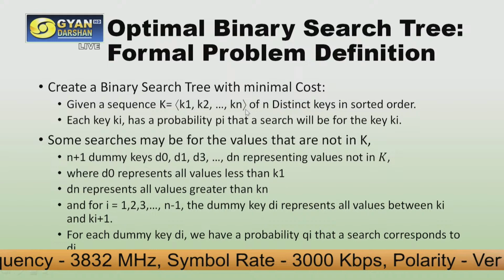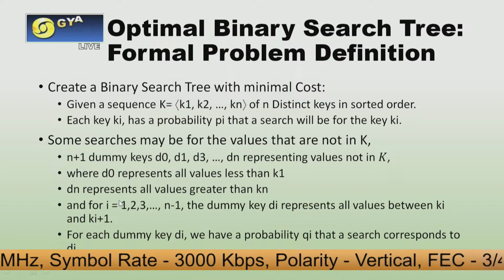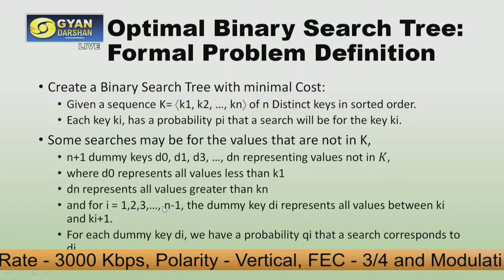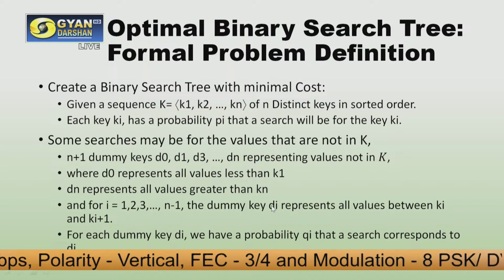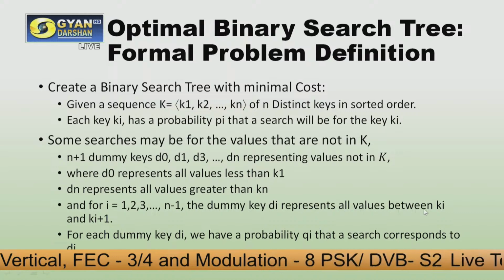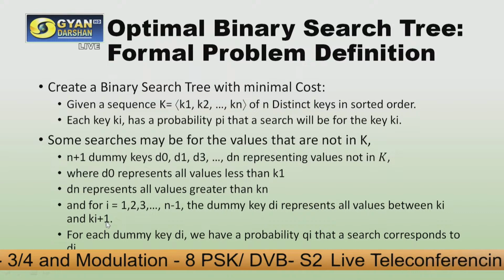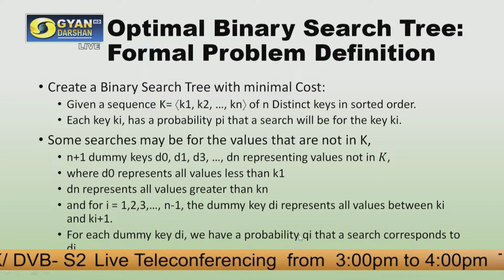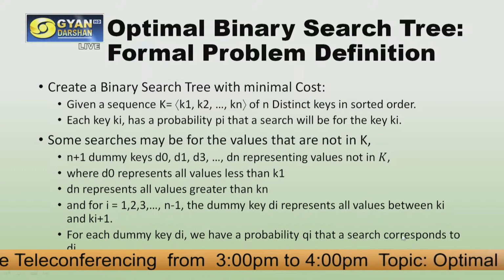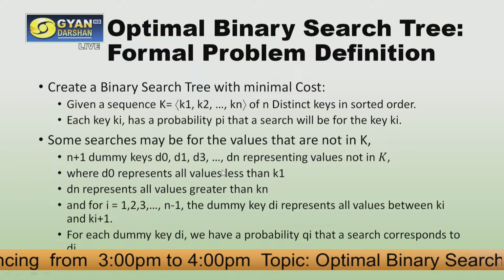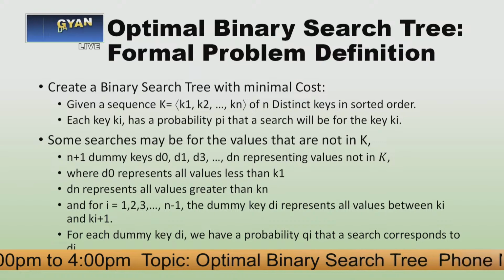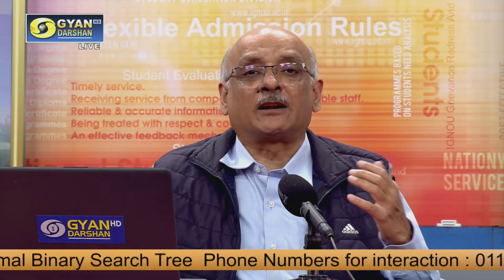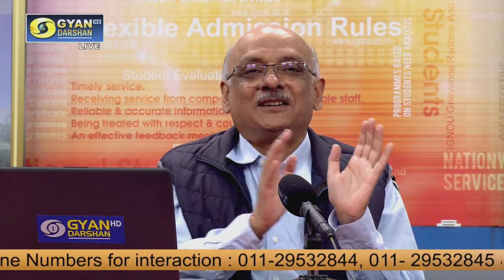For i equals 1 till n minus 1, the dummy key Di represents all values between Ki and Ki plus 1. For each dummy key, we have probability Qi that a search corresponds to Di. So this is the naming convention we will be using in this particular algorithm.